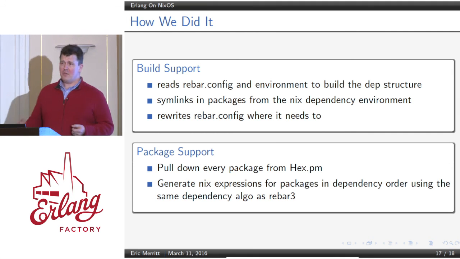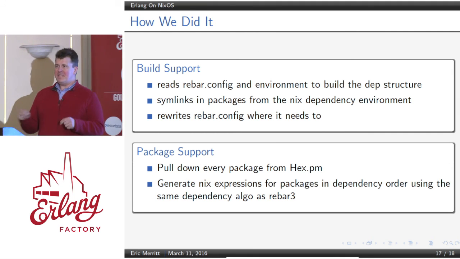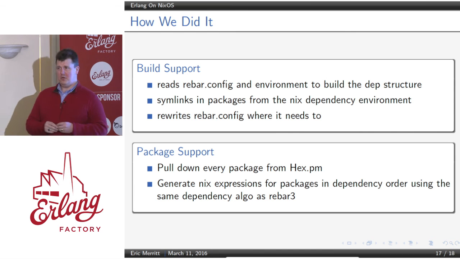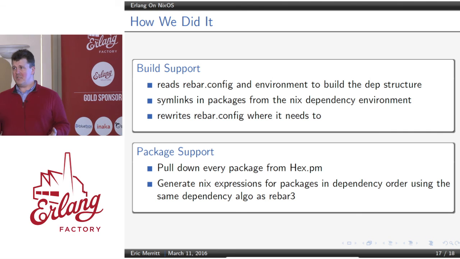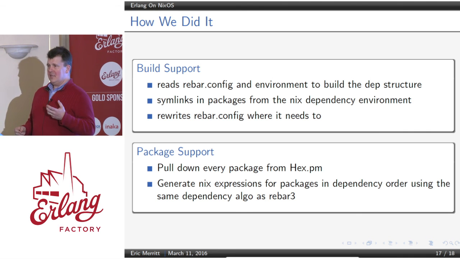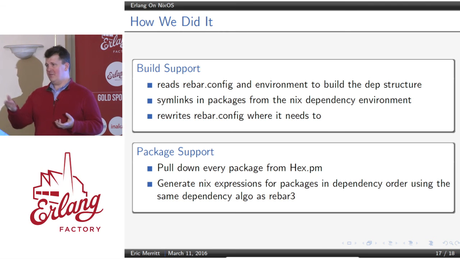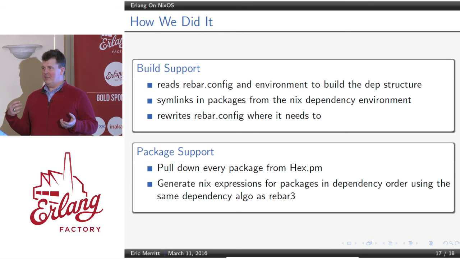Okay, so now we're going to talk a little bit specifically about Erlang support in Nix and how that works. It kind of comprises two parts. One is support during the build of an Erlang package itself, and the other is what Fred alluded to, which is pulling in packages from the Hex repository and making those available.